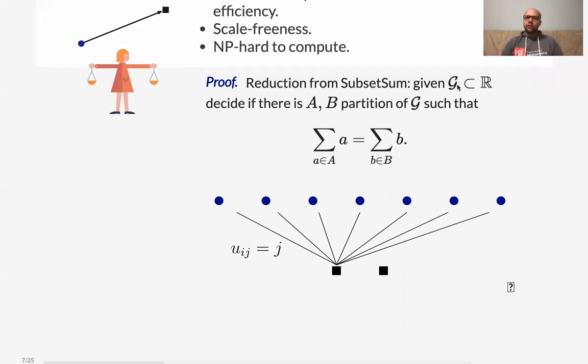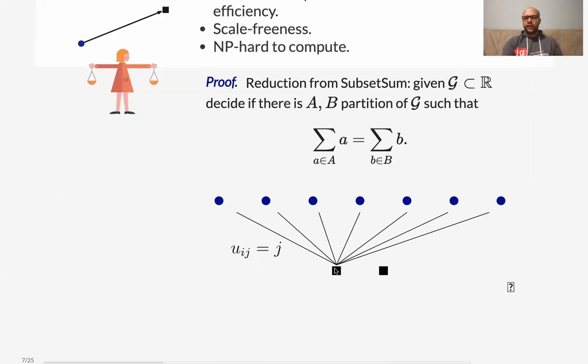And this is an NP-hard problem. And let us reduce it to the Nash social welfare problem. And how do we do this? Well, we take our set of real numbers, and for each real number, say j, we will create one good, one item, and we do the same for all of the numbers.